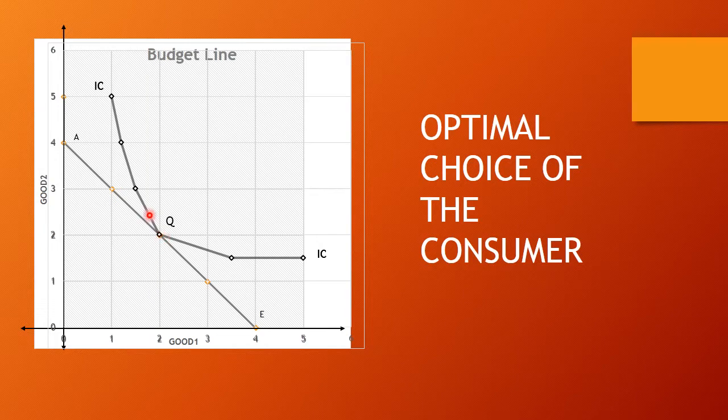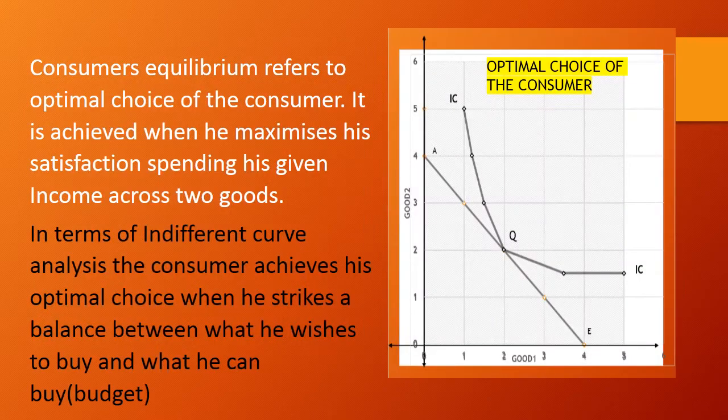Let us move on. So what is the optimal choice of the consumer? Consumer equilibrium refers to optimal choice of the consumer. It is achieved when he maximizes his satisfaction spending his given income across 2 goods.